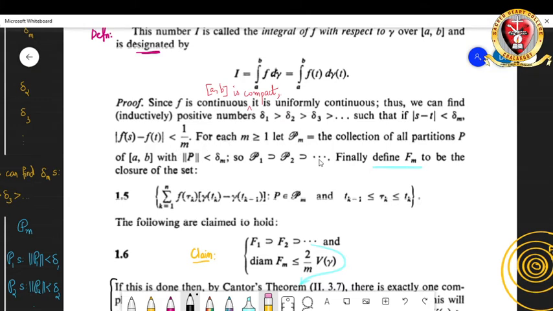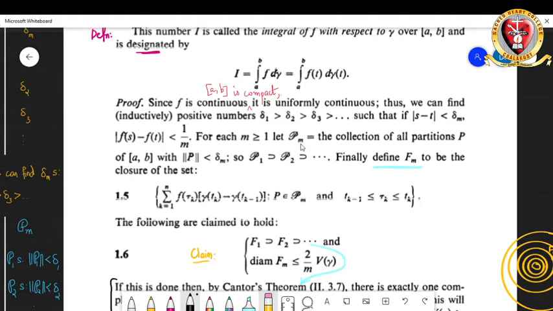Let script P suffix m be the collection of all partitions P of the closed interval [a, b] such that the norm of P is strictly less than delta m. We know for an m you definitely have epsilon m equal to 1 by m, then you have a delta m.